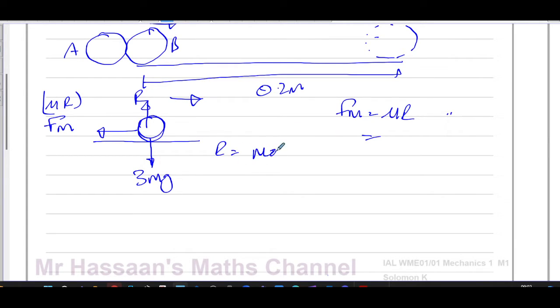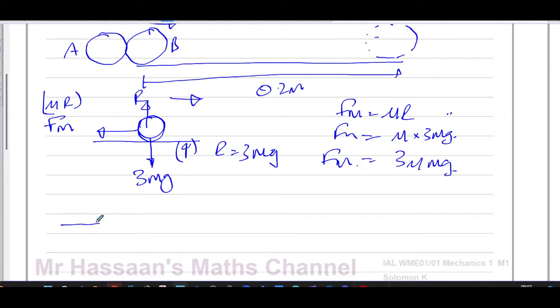If we resolve the forces upwards, R is equal to 3mg. So F max, therefore, is equal to mu times 3mg, which is 3 times mu times mg. That's F max. If we resolve the forces in the direction that it's moving, the force is acting in the opposite direction to which it's moving, so it's on the negative side.